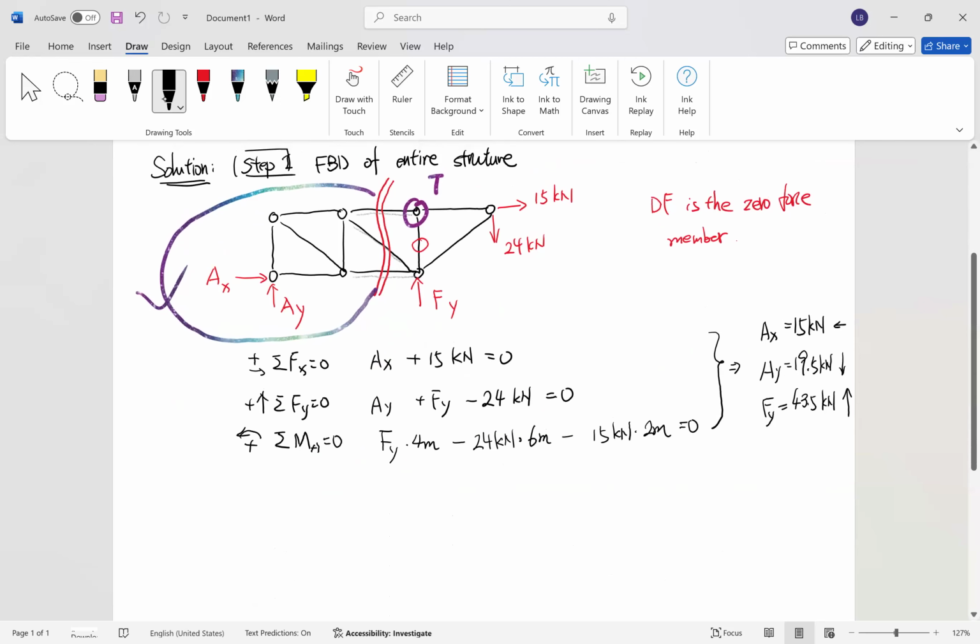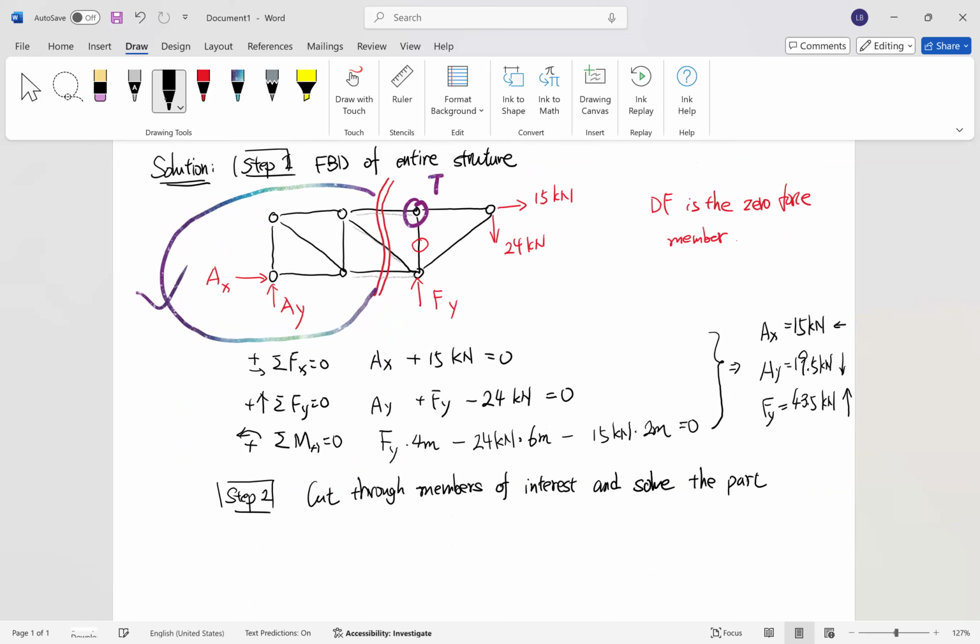Suppose that we pick up this left part and draw the free body diagram. Okay. Step 2: cut through members of interest and solve the part.